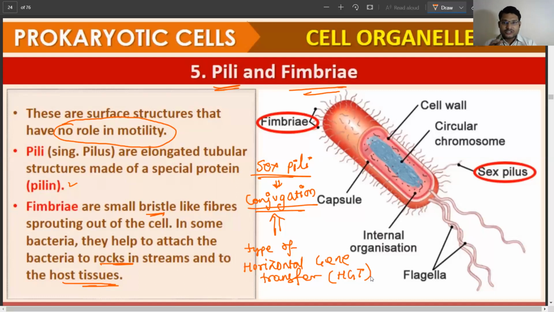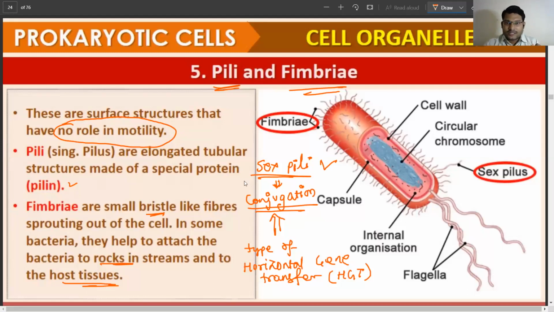There are different types. For example, you have conjugation, then you have transduction. But when we say conjugation, there is involvement of two bacteria, and these two bacteria are connected through a structure called sex pili. The sex pilus connects these two bacteria, and through it the gene gets transferred. Mainly the plasmid gets transferred from one donor to the recipient strain.